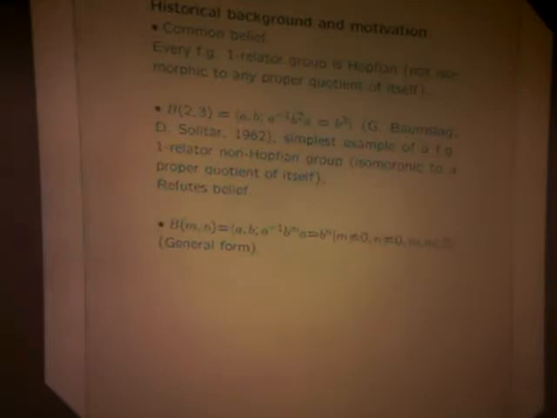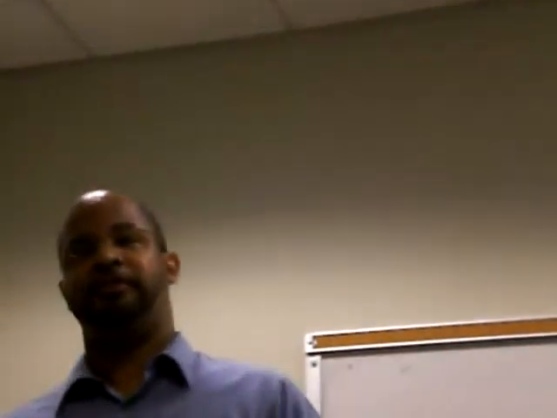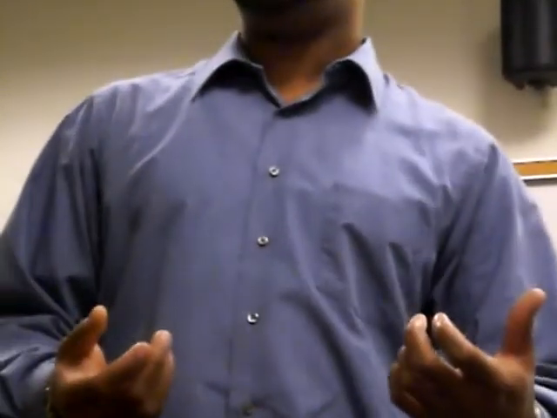Independently, Gilbert Baumslag and Donald Solitar came up with solutions to disprove this belief. They wrote a paper together entitled "Some Two-Generator One-Relator Non-Hopfian Groups," published in 1962. And then they became famous.